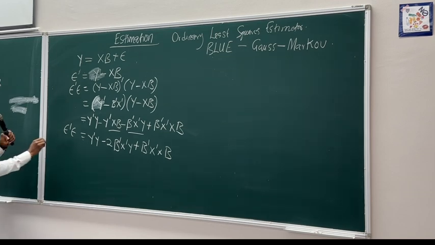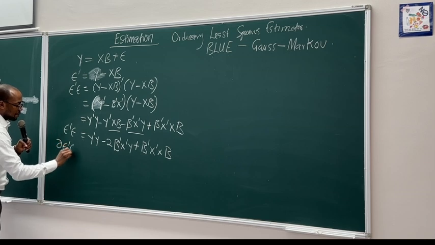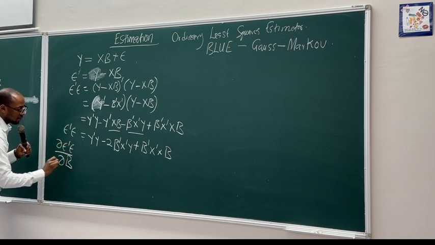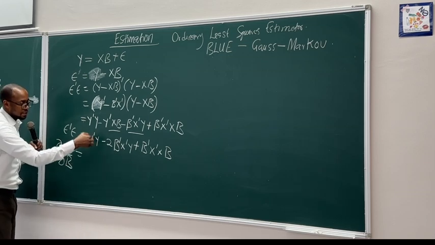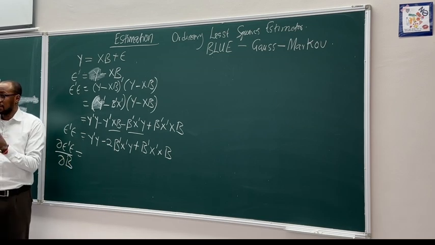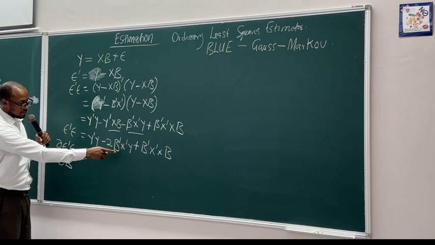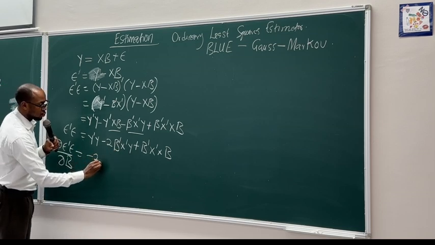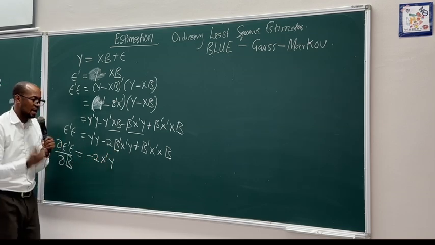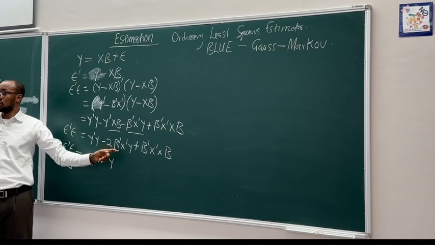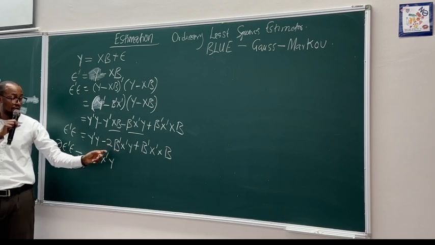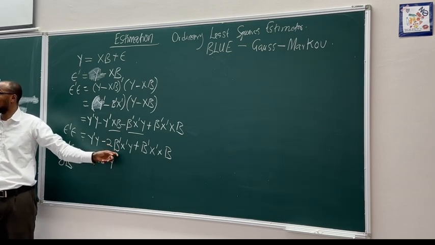So this gives us the derivative of e prime e with respect to b. There is no b in this component, right? It becomes 0, right? Okay, here there is b. It becomes minus 2x prime y, because if you differentiate with respect to b, the b will go away, right?